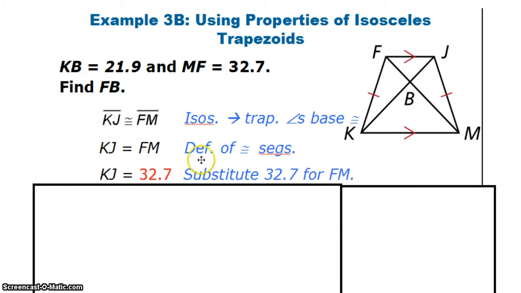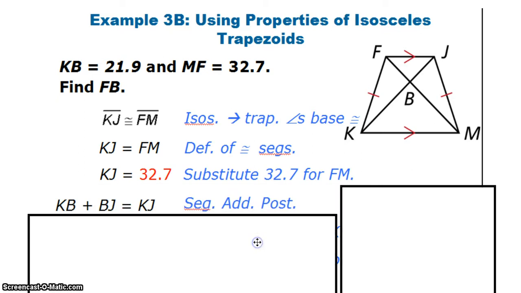Good. And then KJ, we know, is made of KB and BJ, right? So we can substitute that by segment addition postulate. And now we can substitute our value for KB and the value for KJ, right?